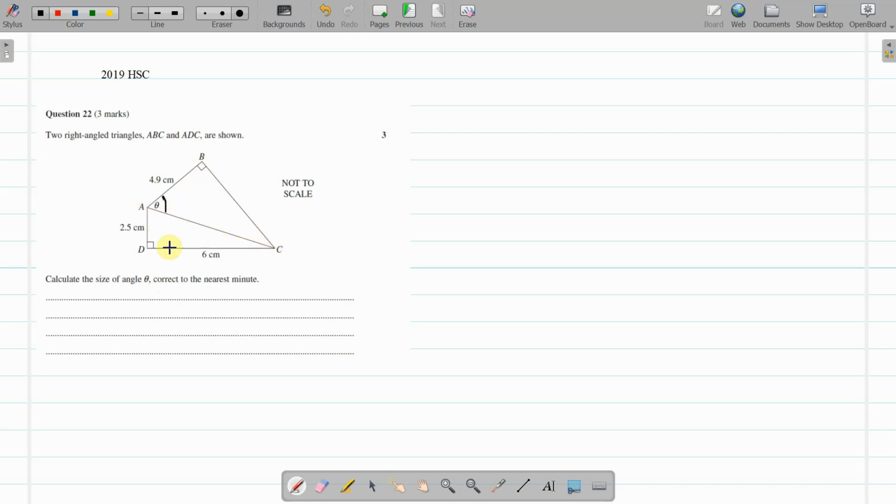Right angle trig again. Okay, hypotenuse. The length of the hypotenuse squared equals the sum of the squares of the other 2 sides. And so, square root of all that.